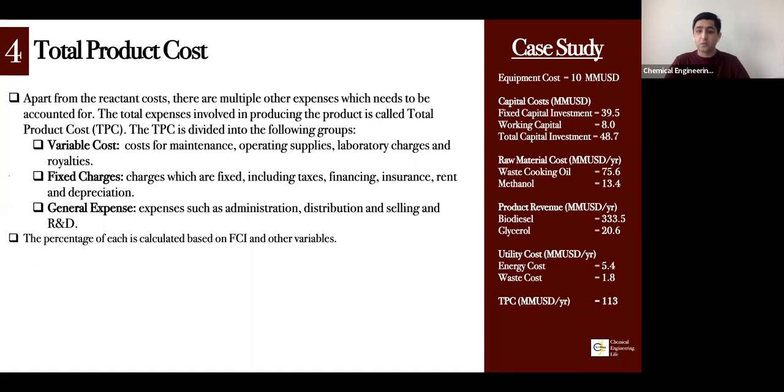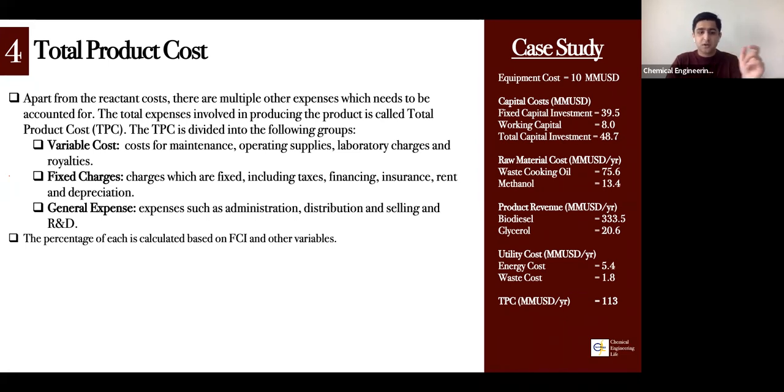All of that needs to be covered by the extra expenses, and that is calculated as earlier when we were calculating the capital investment. We used our equipment cost as a basis for calculating our capital. But when we are calculating the total product cost, then we need to use our fixed capital investment as a basis, and then we find the factors multiplied by the fixed capital investment to calculate all the other variables.